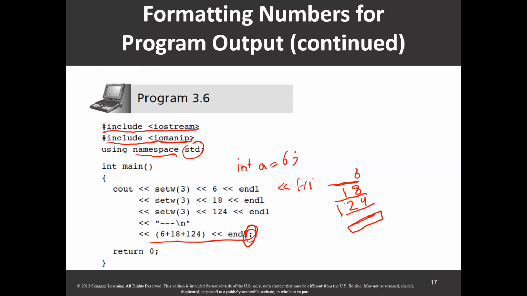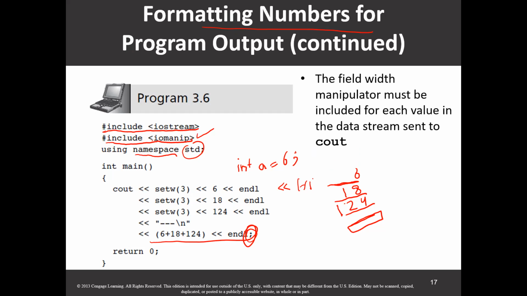So again, in order to use set W, which is one of the formatting number manipulators, you have to use this header file اللي هو include iomanip. Okay, so the field width manipulator must be included for each value. يعني في كل مرة لازم you have to add it before the value is printed، وتفصلون بينهم بالoutput operator.